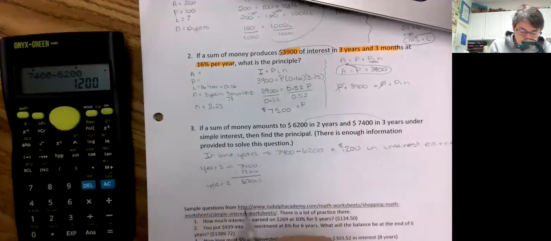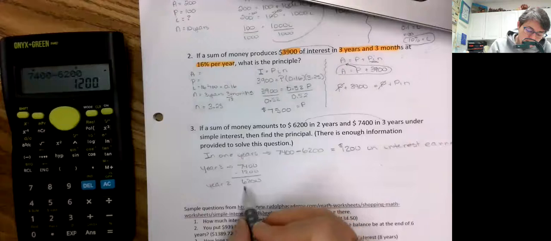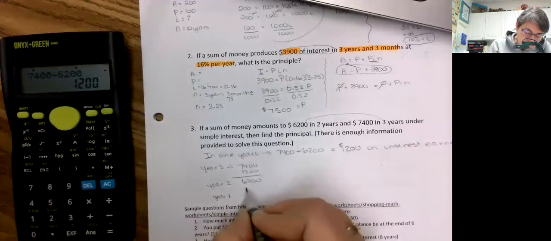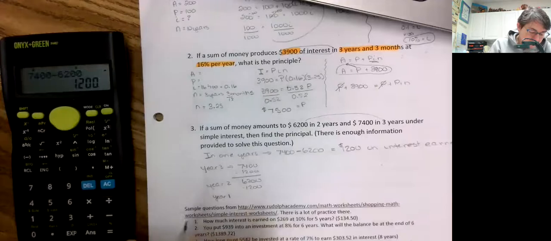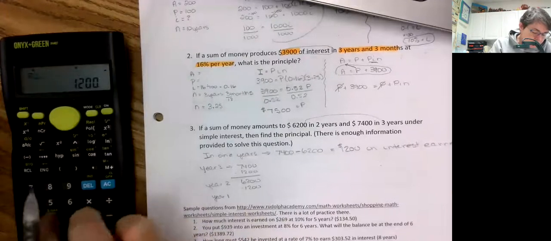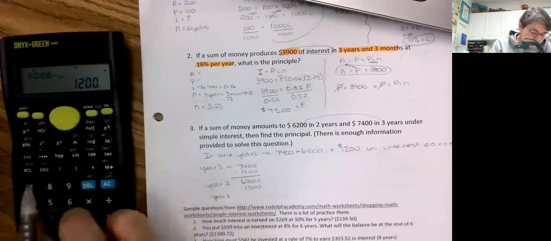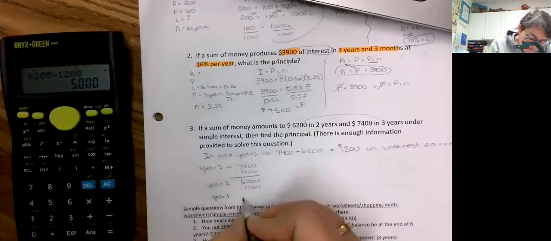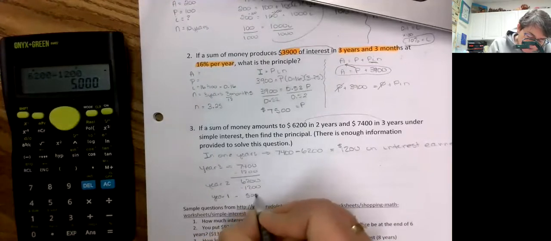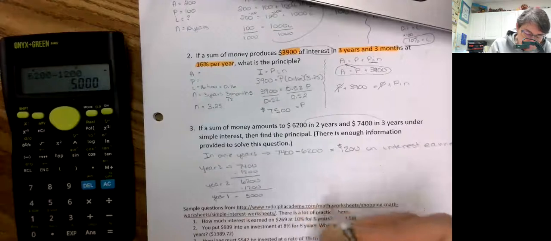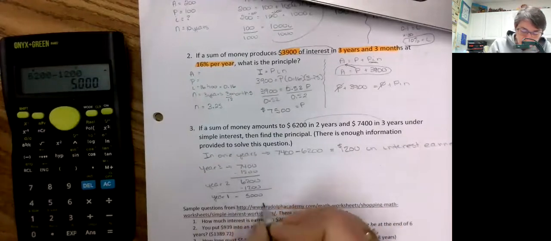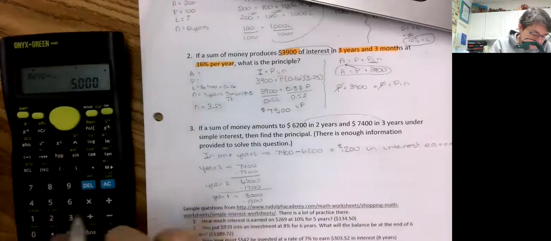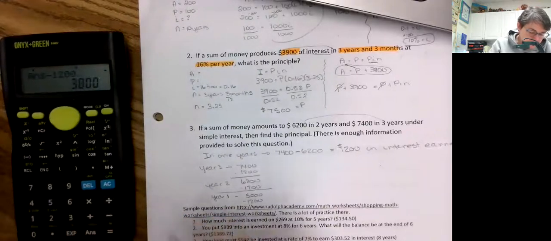Okay. Well, if we want to get to year 1, the end of the first year, we're going to subtract another 1,200. So 6,200 minus 1,200, that should be 5,000. And then if we want to get to year 0, which would be our principal, minus 1,200 again.